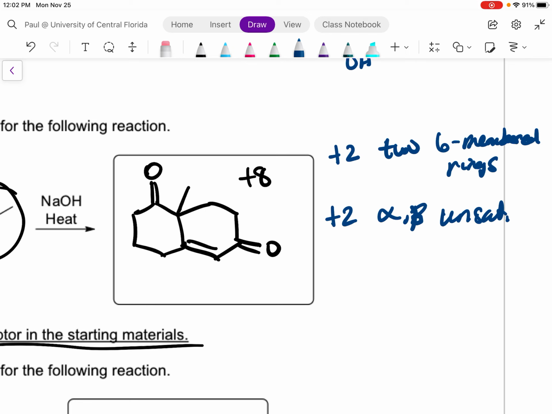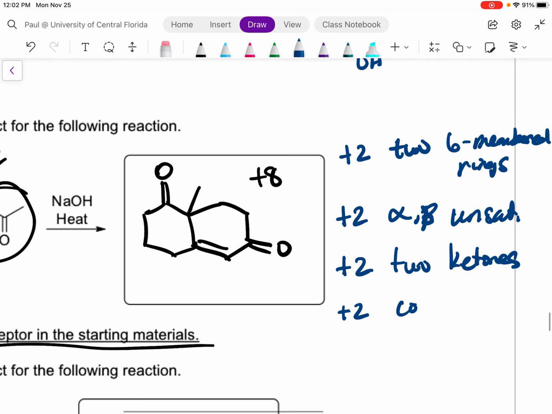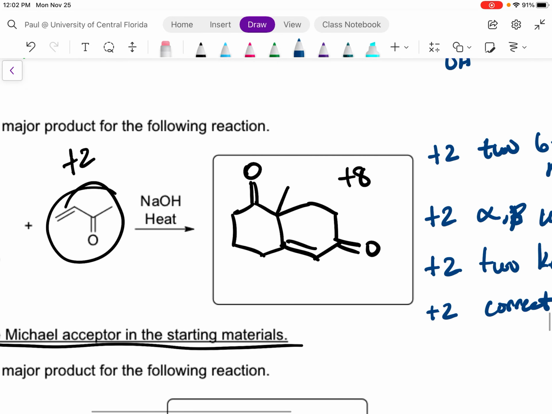If you have two 6-membered rings, 2 points. If you have an alpha beta unsaturated carbonyl compound somewhere, 2 points. You got 2 points if you have 2 ketones. And then you got 2 points right there if it was exactly correct. Okay. So that's how we broke down the points for that one right there.